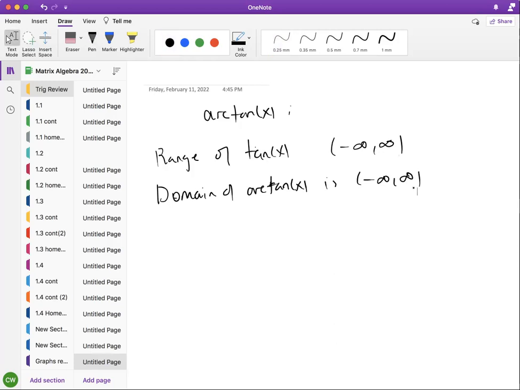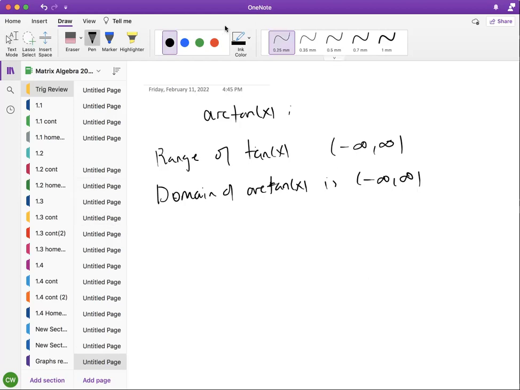Remember, the inverse function's inputs are the original function's outputs. So if the outputs are -infinity to infinity, the inputs of the inverse function also have to be -infinity to infinity. So immediately, that's pretty nice. When we draw arctangent, we actually draw it on the whole number line.